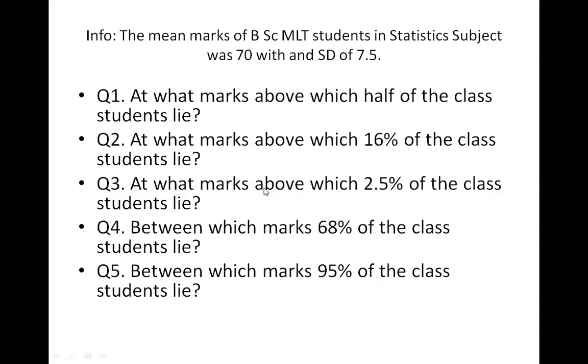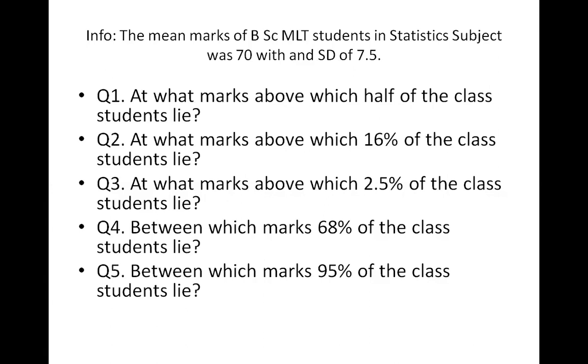Similarly, at what marks above which 2.5% of class students lie? The fourth question is, between which marks do 68% of class students lie? It is 70 plus 1 standard deviation and 70 minus 1 standard deviation.